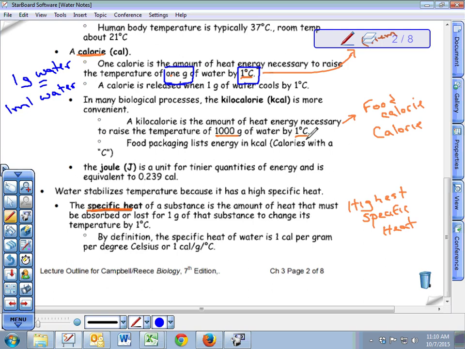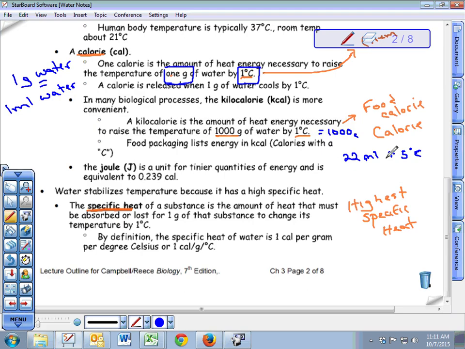So 1,000 grams of water increased by 1 degree is 1,000 calories. Increasing 1 gram of it by 1 degree was 1 calorie, times 1,000 because we've got 1,000 grams of it.